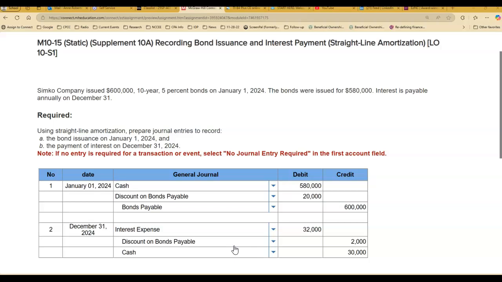Now, think about what happened here when this bond was issued. When we issued at 5%, how was our bond looking? We issued that 5% bond. How was it looking when we issued it? Was it looking good or bad? It was looking bad, right?